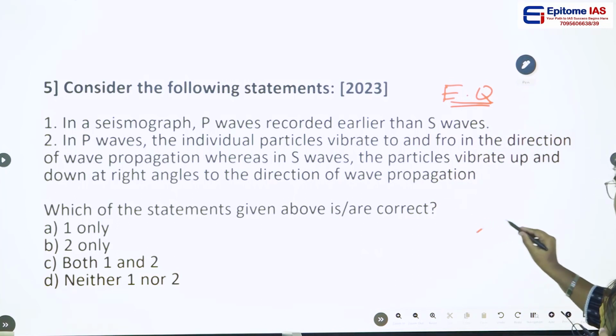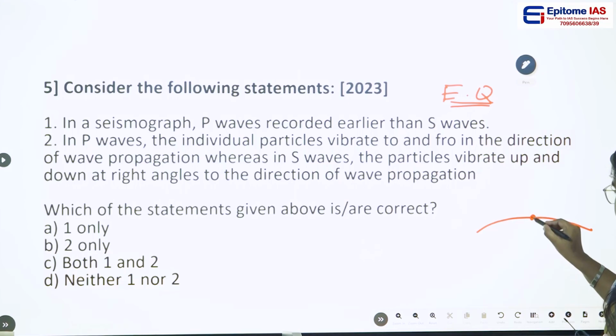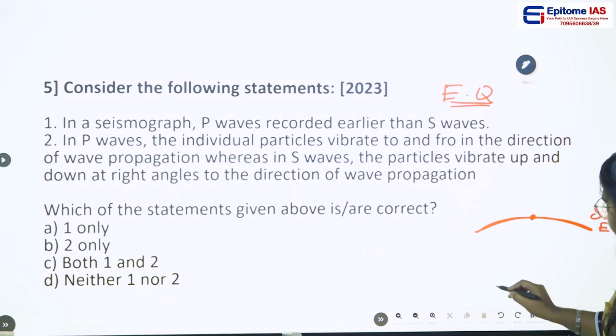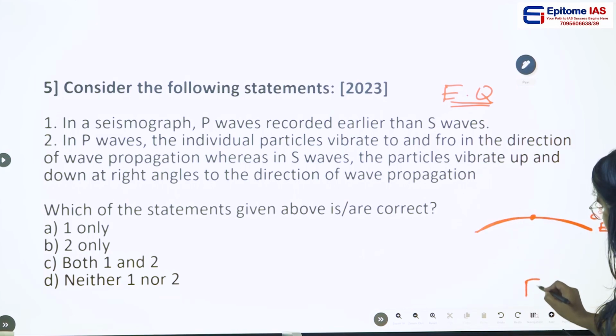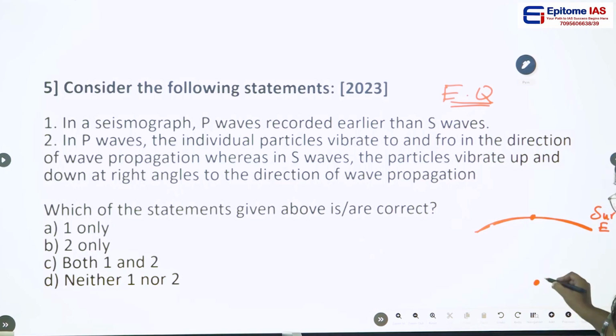Let us say this line is the surface of the Earth, and there is a point inside the Earth. Let's say there is a rupture in a rock, and an earthquake is starting from this particular point.